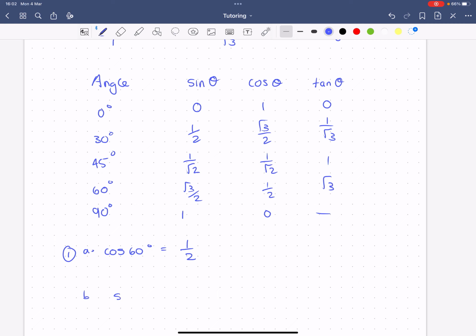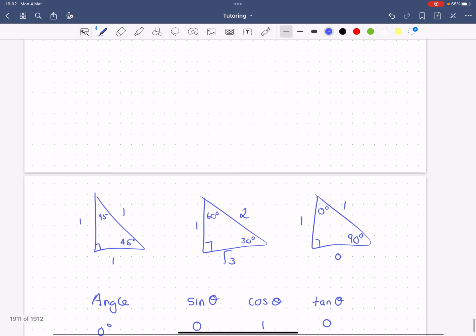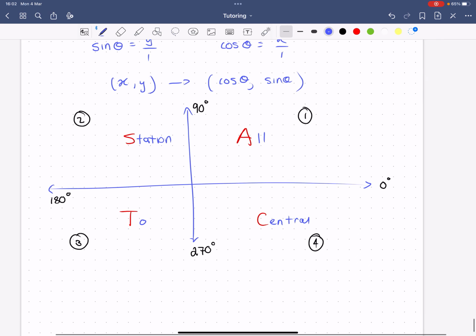Part B, sine of 150. We're going to pause here for a second, and go back to the reason we learnt about all stations to central. First of all, we're all positive in the first quadrant. In the second quadrant, only sine is positive. In the third, only tan is positive.